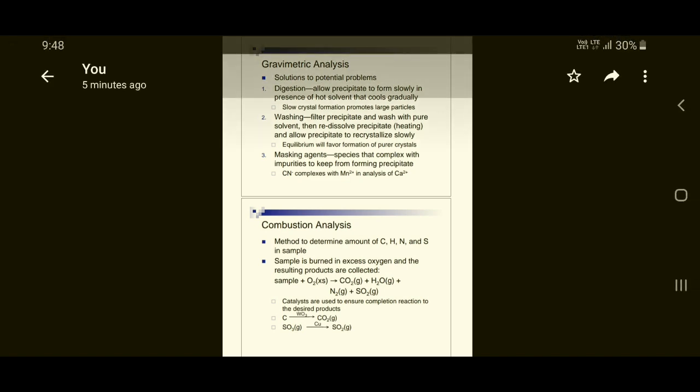Equilibrium will favor formation of pure crystals. Masking agents, species that complex with impurities, keep them from precipitating, and cyanide ion complexes with Mn2+ in the analysis of calcium Ca2+ ions.